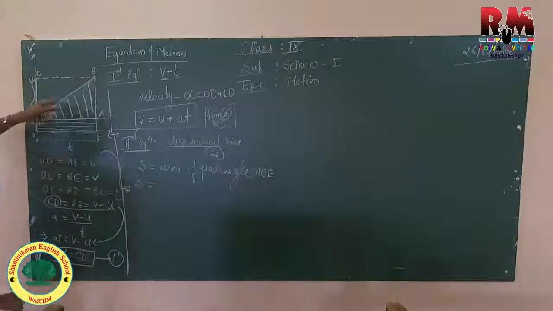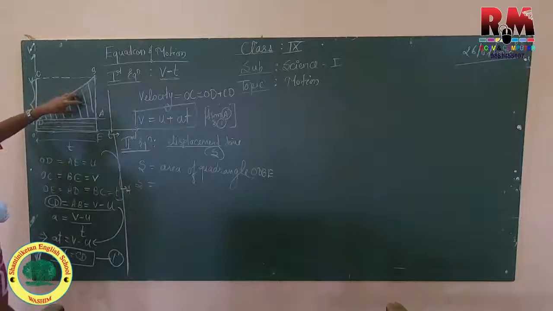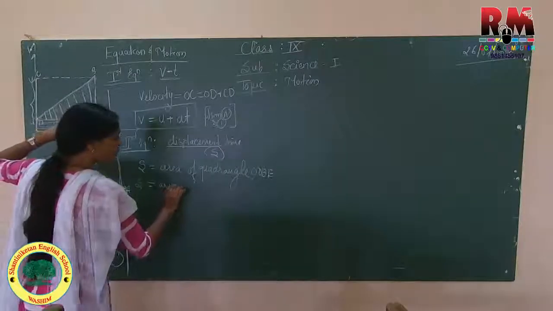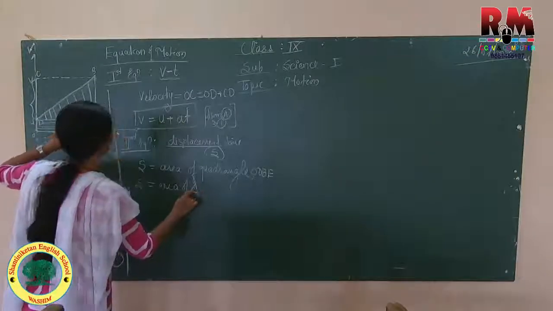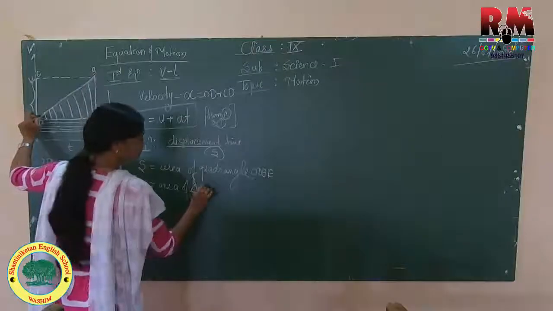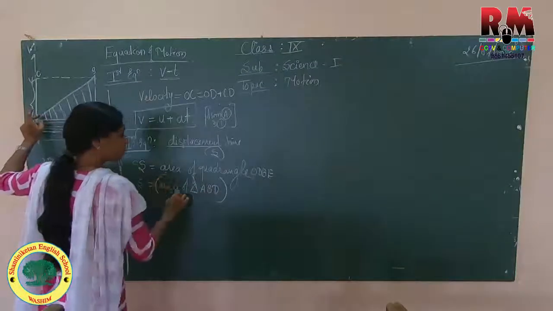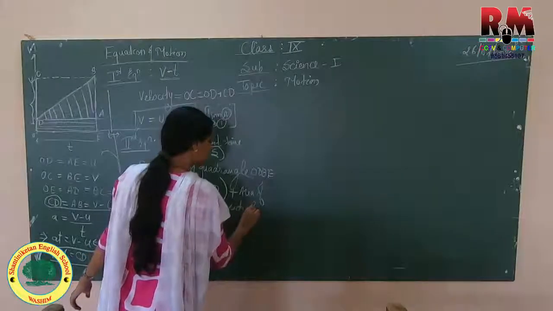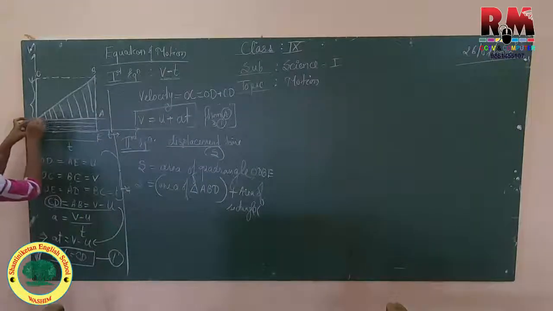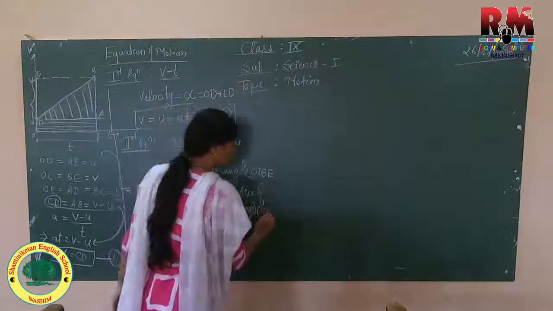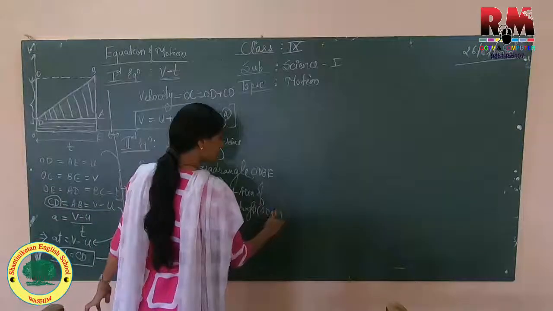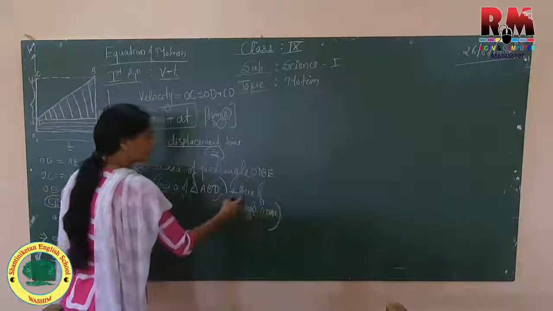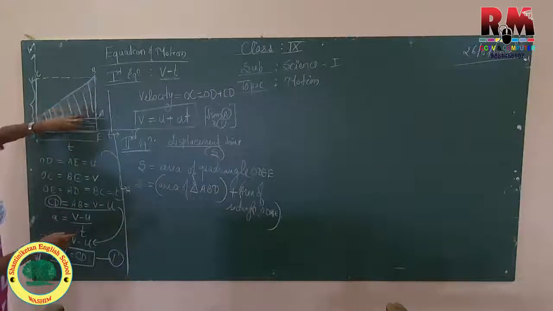So the area of the quadrangle is the area of triangle ABD plus the area of rectangle ODAE. This quadrangle is divided into two parts, triangle and rectangle.